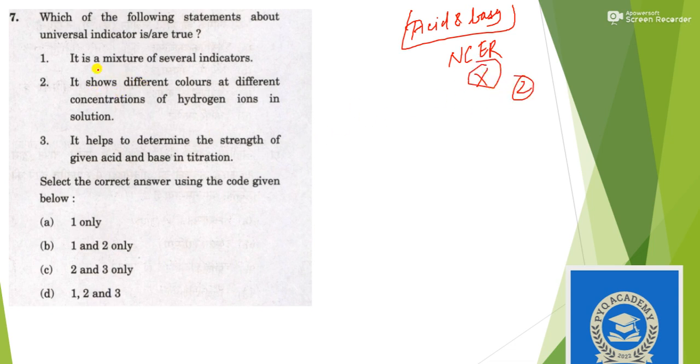It is a mixture of several indicators. Yes, this is true. It shows different colors at different concentrations of hydrogen ion in solution. This is also true. It helps to determine the strength of a given acid and base, not in titration, but in general. So this statement is wrong, and our answer is option B.